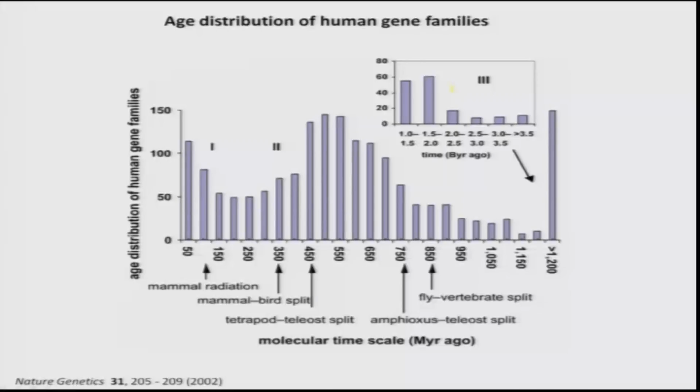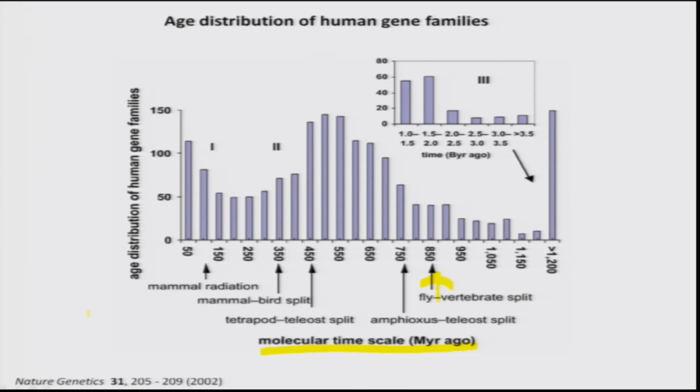The other plot that also comes from a paper is the age distribution of the human gene families. What we look into is when possibly the genes have evolved. So, you can see that these are all molecular time scales, these are millions of years ago, and this again talks about how the genes evolved.